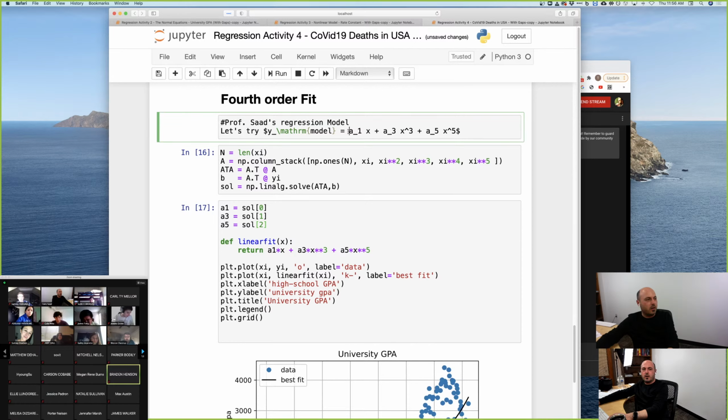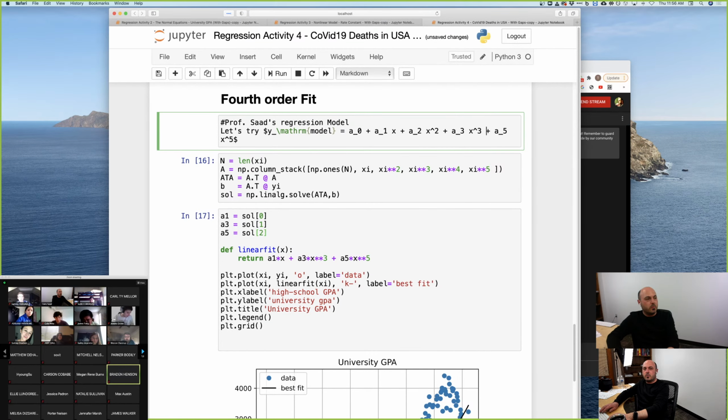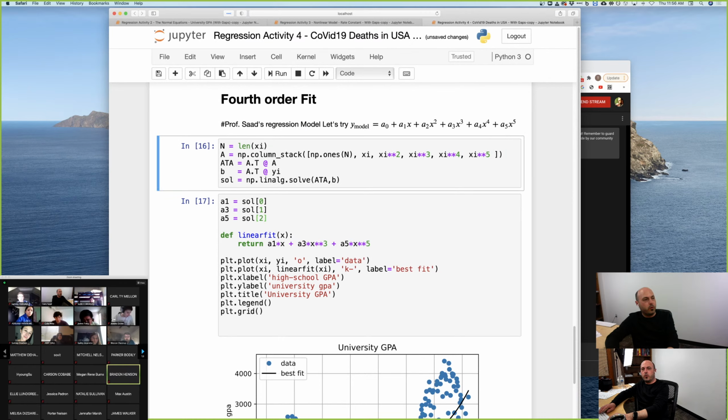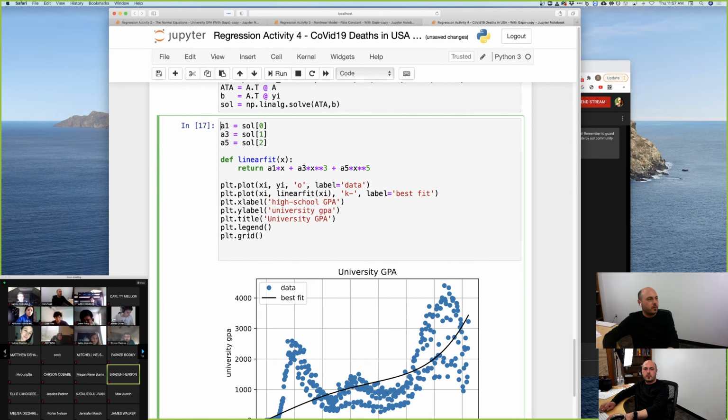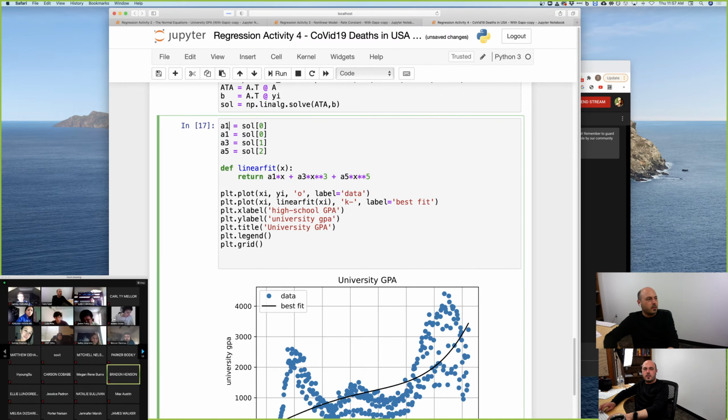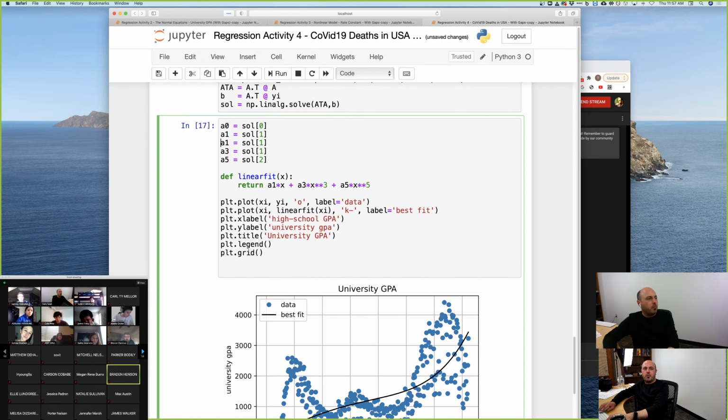So in other words, I've got a0 plus a1 x plus a2 x squared plus a3 x cubed plus a4 x to the 4, so the full polynomial, okay? You're probably not keeping up with me, and that's okay. Just do your own thing and let me know what you observe.